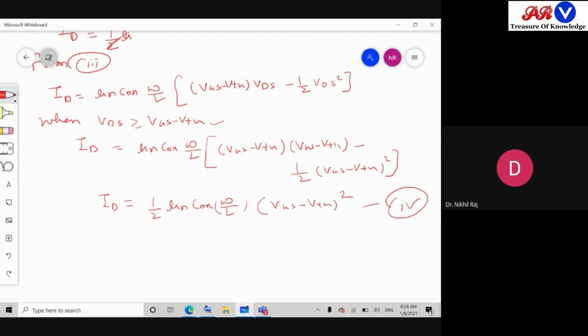So what is happening here? My ID is changing to this form, that is VGS minus VTH whole square. In some textbooks you will see it is also represented by a factor k. It is written as half kn, since it is an NMOS, kn into VGS minus VTH square, where kn is a constant which is nothing but mu n Cox W by L.